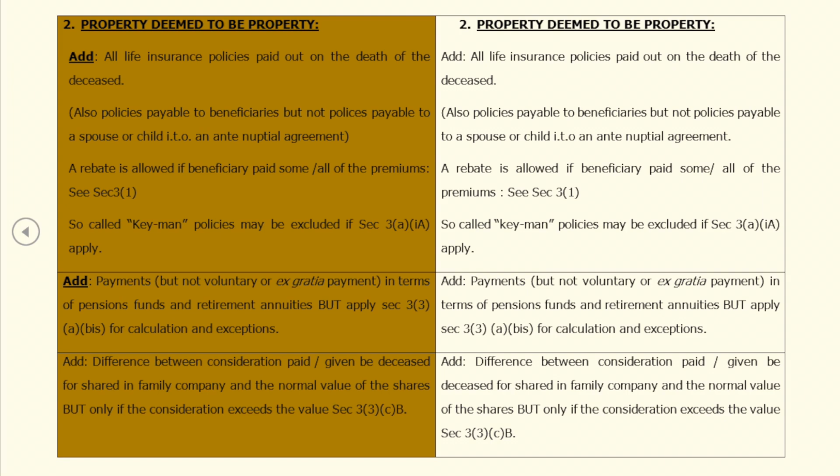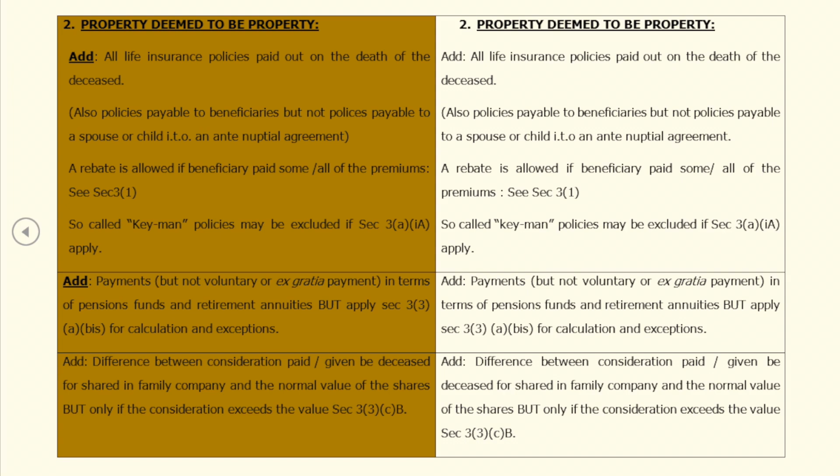If the question states that this policy was payable to the son of the deceased in terms of an antenuptial contract, then you must know that in the estate duty addendum, that policy will not be taken as property deemed to be property. So you will add all life insurance policies that paid out as a result of the deceased's death.